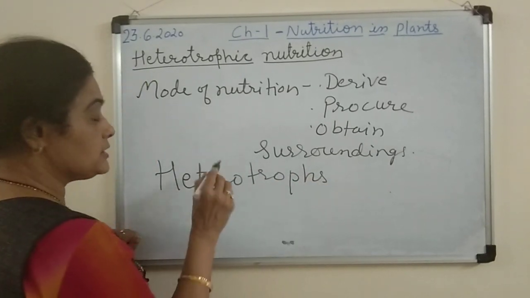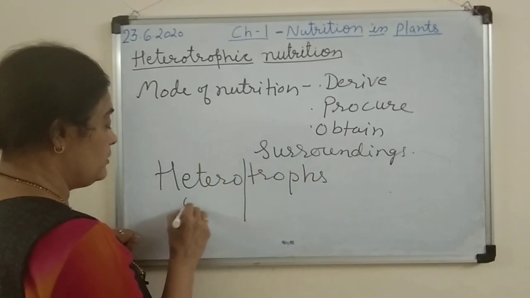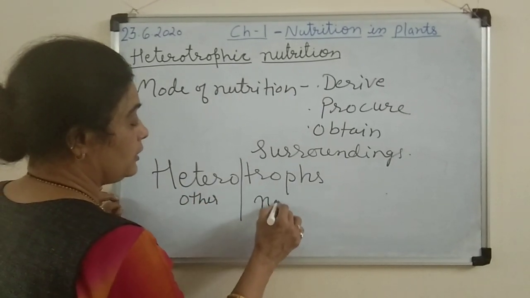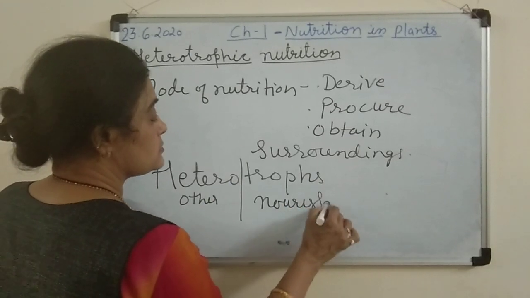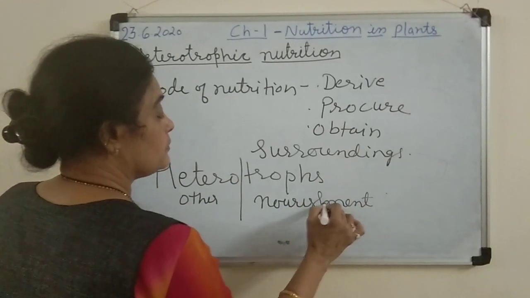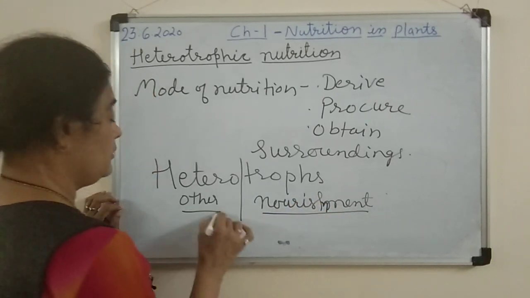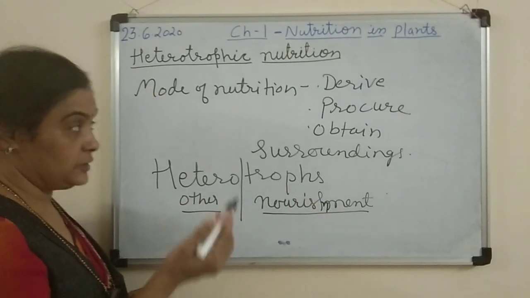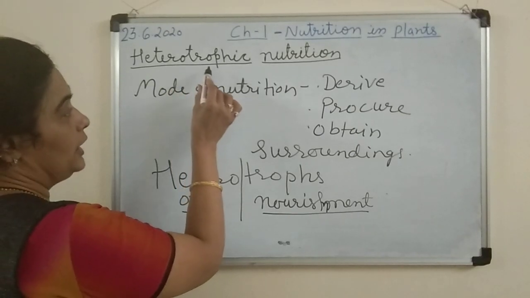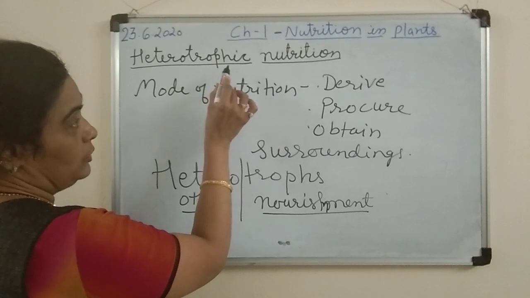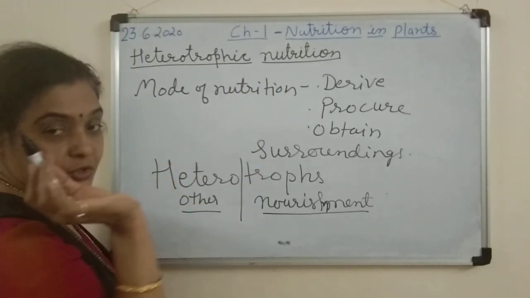Heterotrophs. The meaning, as I told earlier, hetero means other and trophs means nourishment. So they obtain food from other sources. That's why they are known as heterotrophic organisms, and the mode of nutrition is known as heterotrophic nutrition.